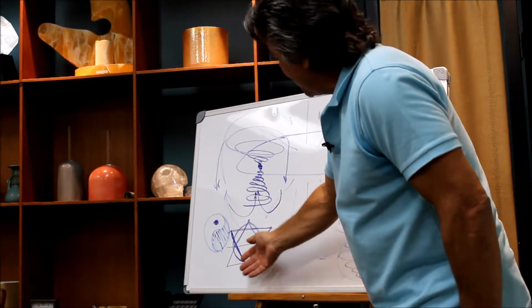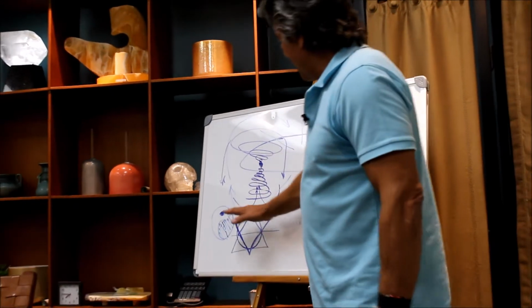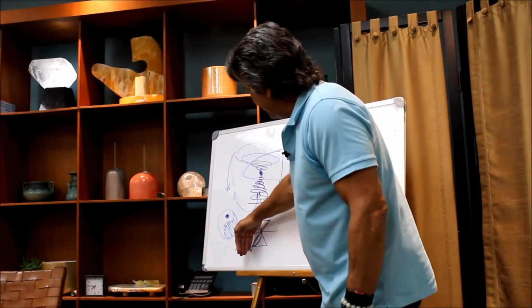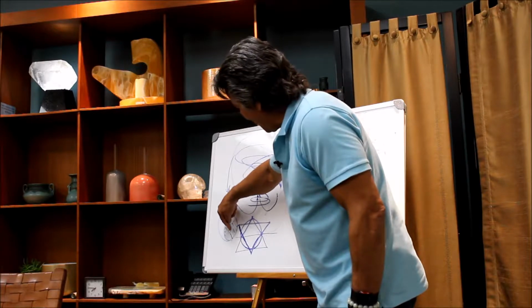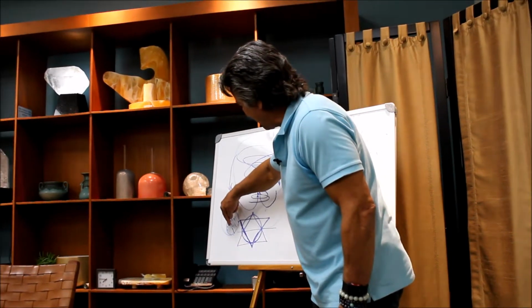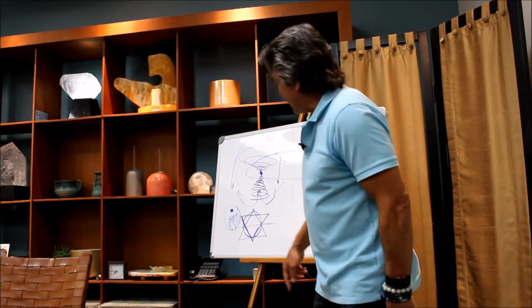And the opposite is true. This upper part here represents Purusha, and Purusha is poking through the very bottom of the yin portion of the yin and yang, so it has a white aspect.